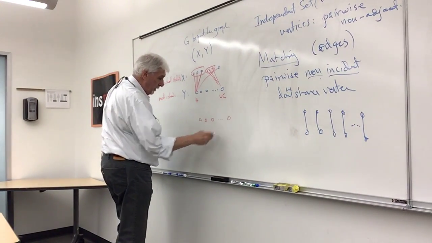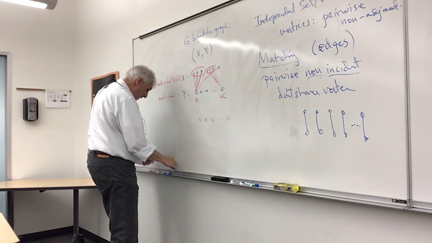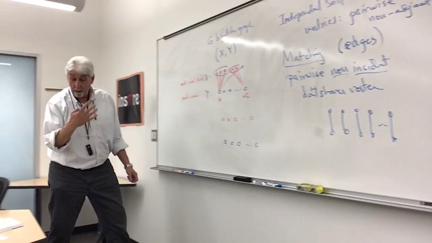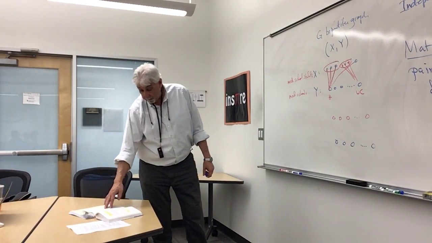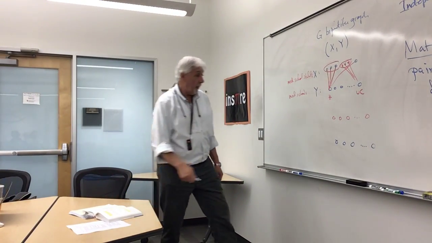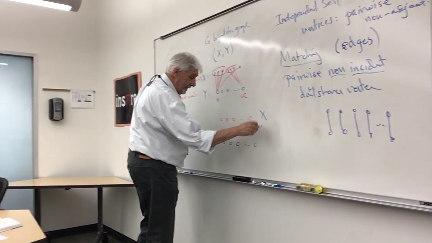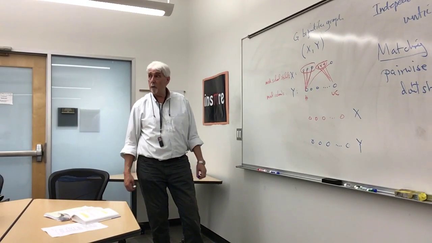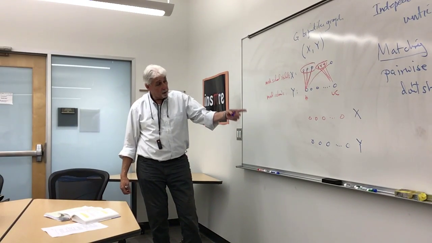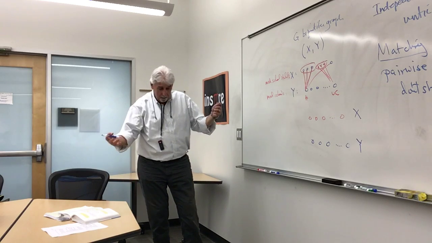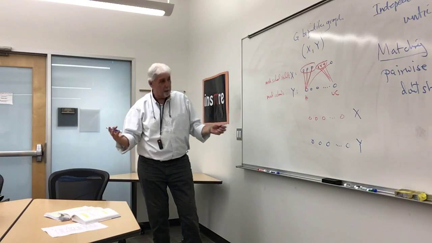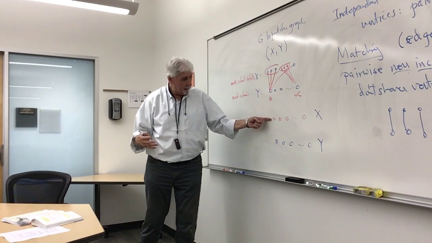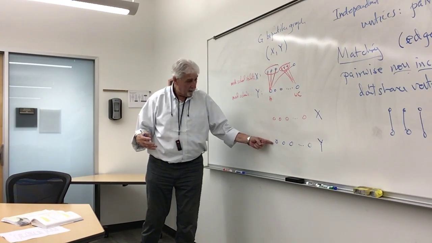So let's look at a bipartite graph. Here's my bipartite graph. There are no edges between the blue, and there are no edges between the red. Let's call this X and this Y. I want to completely match off X to Y. Just to give you a clear picture, imagine these are the medical schools and these are the medical school students.